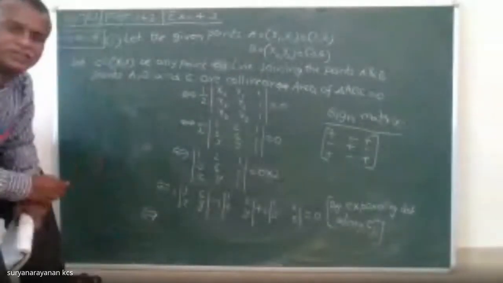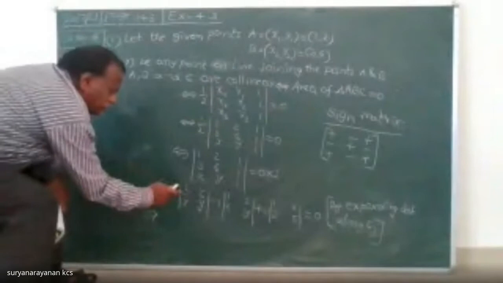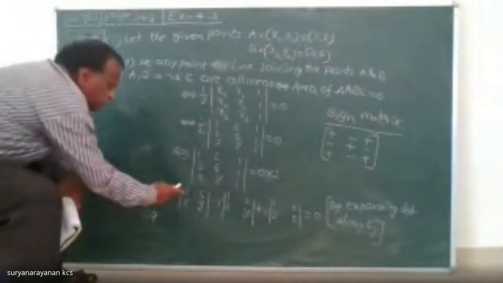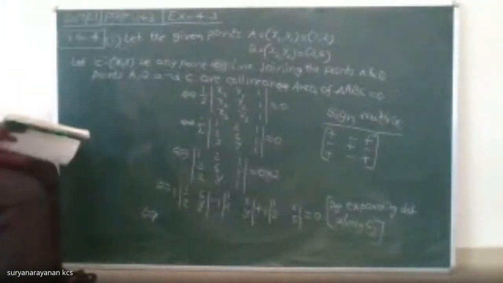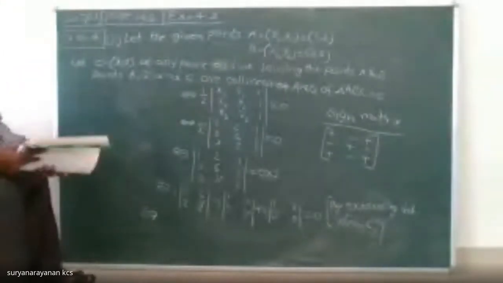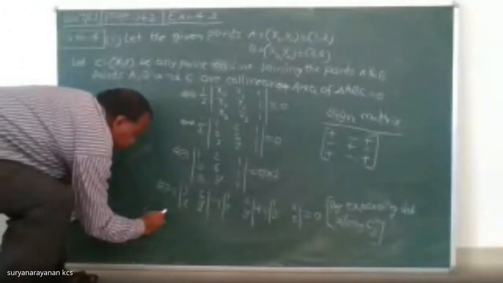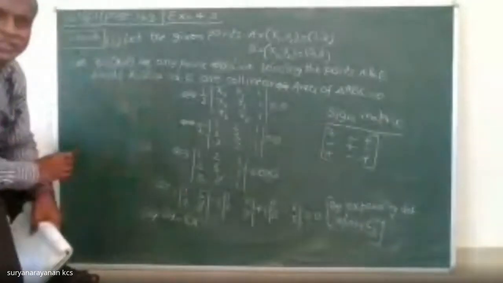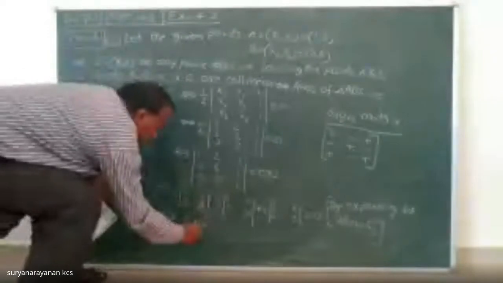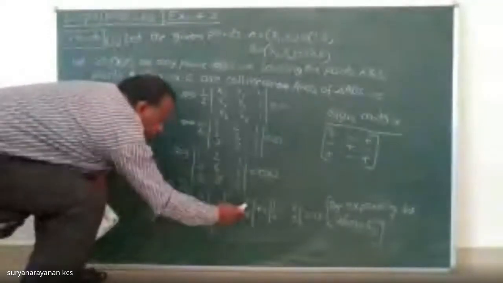This implies what will you get here? 1 into, no need to write 1 into 3y. Tell me. Sir, 3y minus 6x. 3y minus 6x minus 1 into, what will you get?